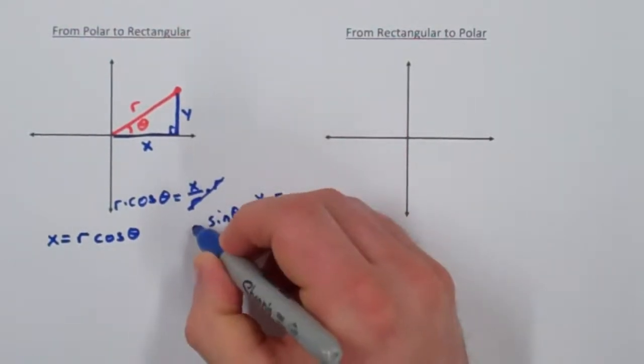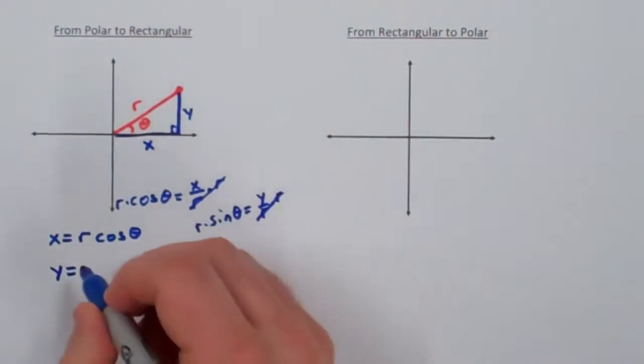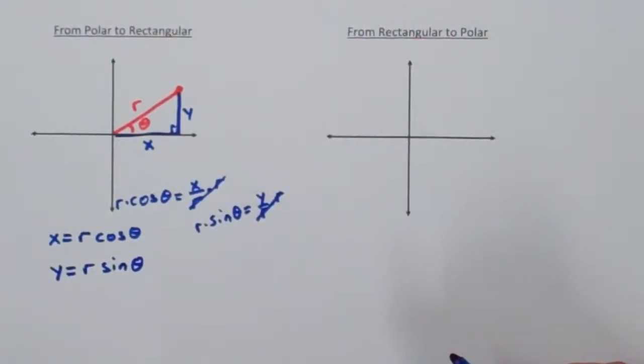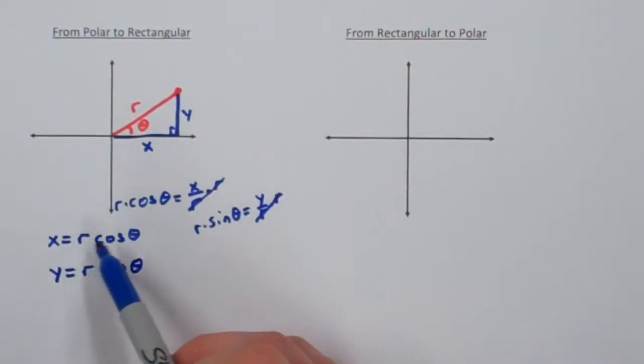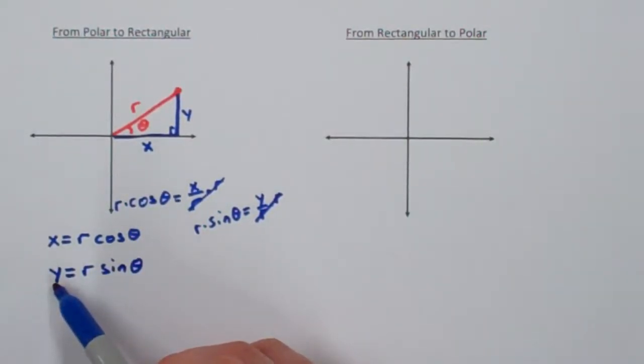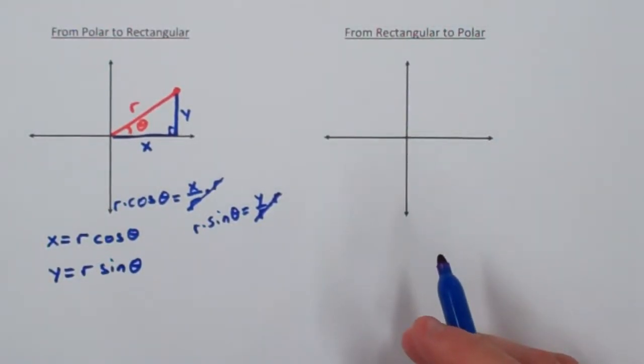If we multiply by r on each side, we've got y equal to r sine theta. Those are the two formulas we need to take any r and theta, that would be polar, and find our x and y. When we write that down, our x and y will just go in a regular old coordinate pair.